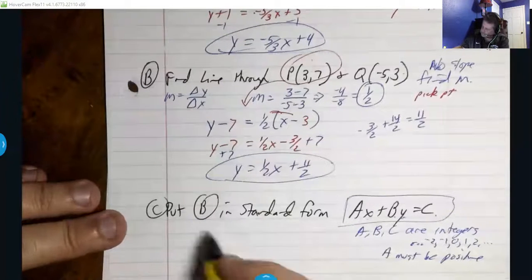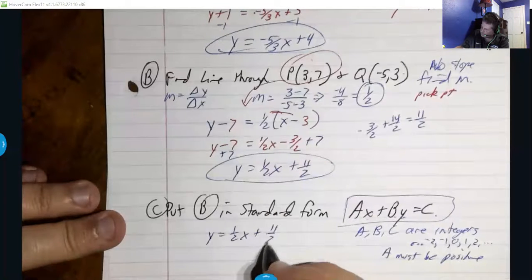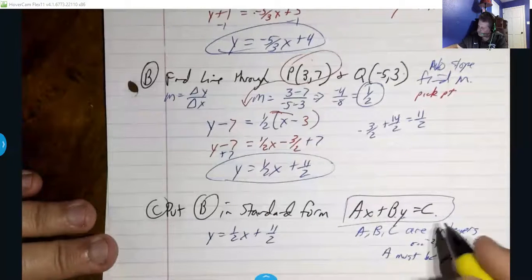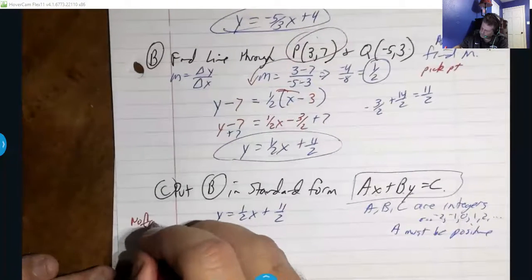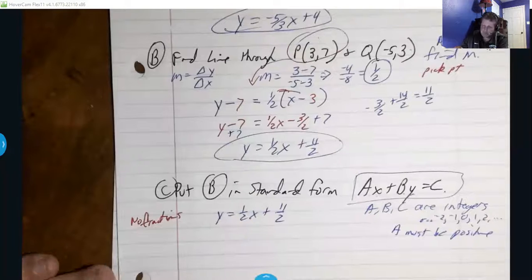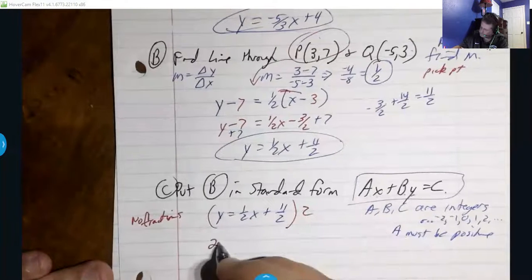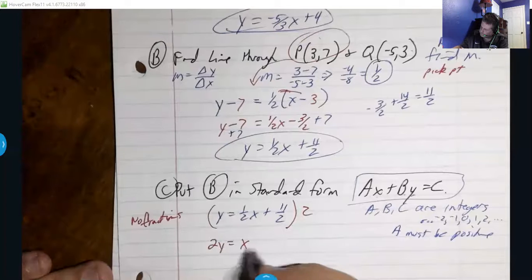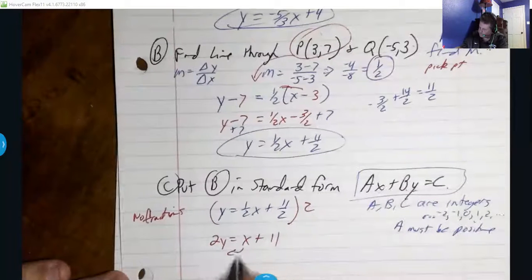All right, so we're going to take this equation, and it's very simple to do. We're going to first understand that integers are not fractions, so no fractions. Let's get rid of fractions first. Let's multiply everything by 2. Okay, I'm going to move the x over.